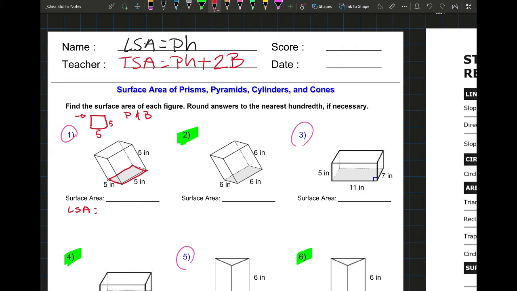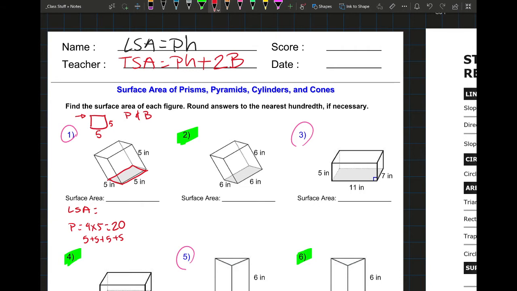You're going to use this to find uppercase P and uppercase B. To find the perimeter, all you have to do is add all the sides. On a square, all the sides are the same. So the perimeter is 4 times 5, or 5 plus 5 plus 5 plus 5, which is 20. So uppercase P is 20. Now we can find the base as well.